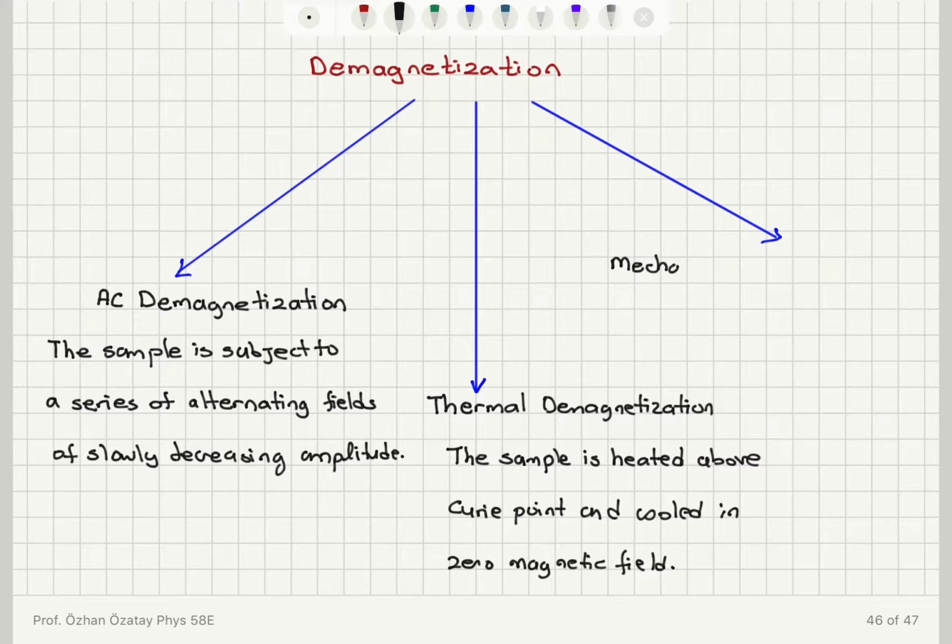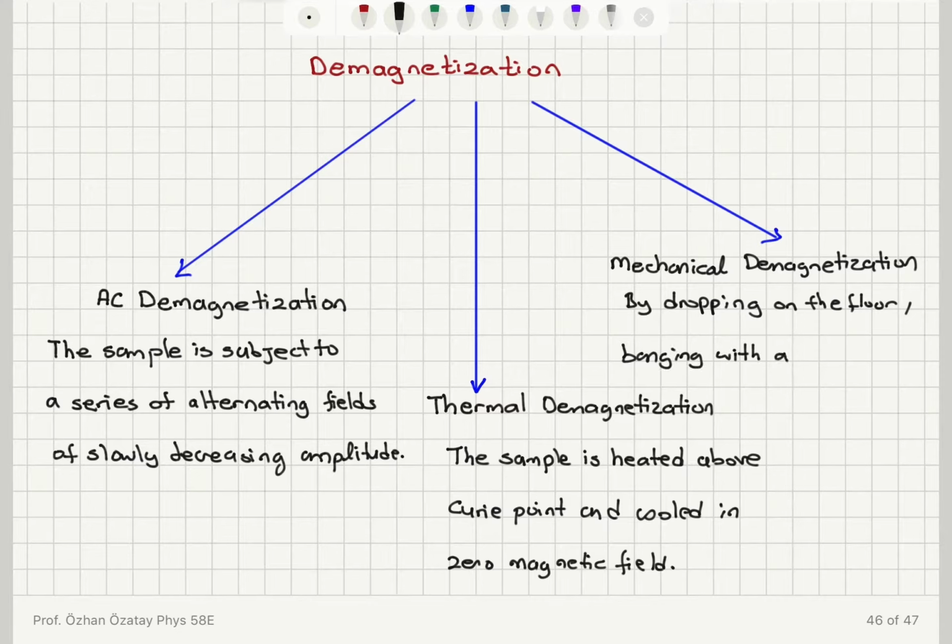So you can just bang on it with a hammer, and eventually you will see that if you don't break the magnet, it will actually demagnetize, for example by dropping it on the floor, mishandling, banging with a hammer, etc. So by mechanical means we can demagnetize the magnet and go back to zero magnetization, or approximately zero magnetization, at zero magnetic field.